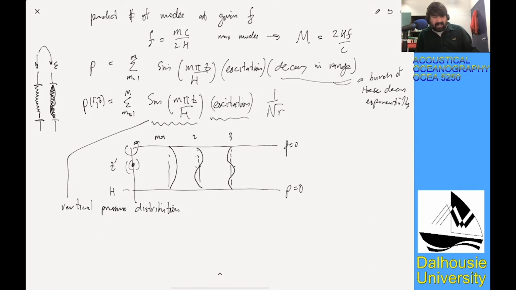Now, why does that happen? Well, it's because there's interference, right? It's just a wave interference pattern. So this vertical pressure distribution pattern is the result of interference of plane waves propagating up and down.